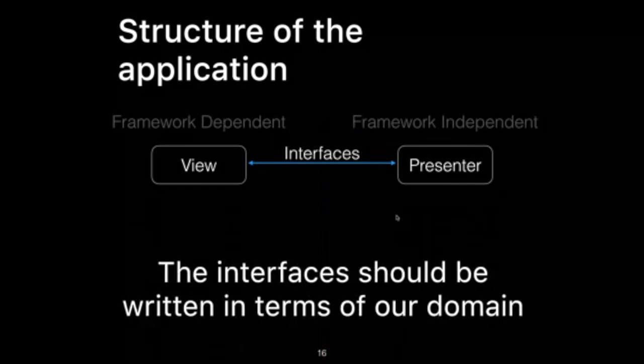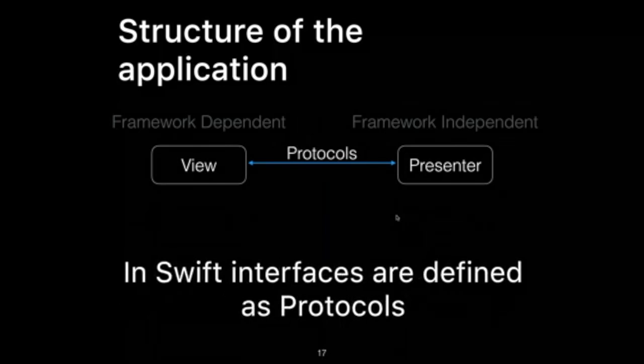But in order for them to communicate, we need to communicate through abstractions using interfaces. And these interfaces should be written in terms of our domain. In Swift, we define interfaces as protocols.